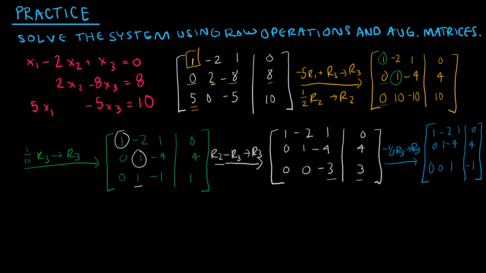Now I'm going to continue. I would like the negative 2 to be a 0 as well. So I'm going to take 2 times row 2 and add it to row 1 to be my new row 1.